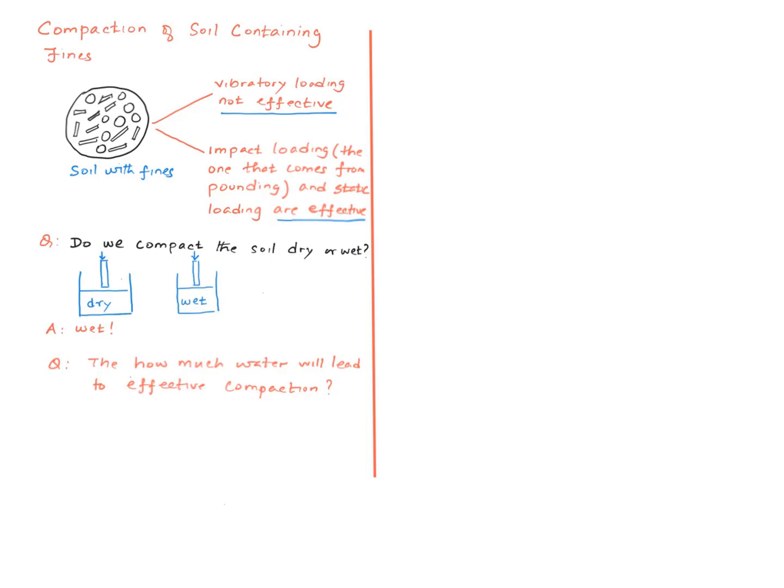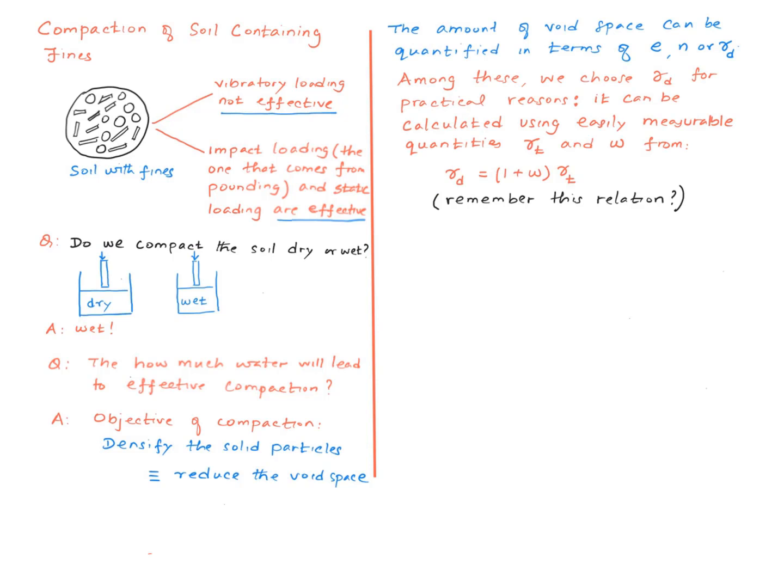And there's a third way too, which is a little bit more practical. That is to use the dry density as the measure of the amount of void space we have in the soil. Remember this relation? The total unit weight and the water content can be easily measured in the laboratory, and then you can calculate the dry density from this equation.